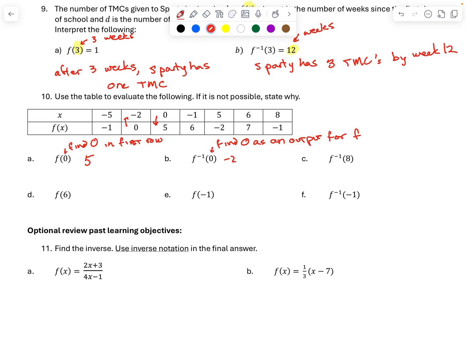So that's -2. f inverse of 8. Okay, so if you're looking at f, you're looking for information starting at the top row. f of 6 is 7. f of -1 is 6. f inverse of -1 says look for -1. Oh, there's f inverse of -1 is 8.